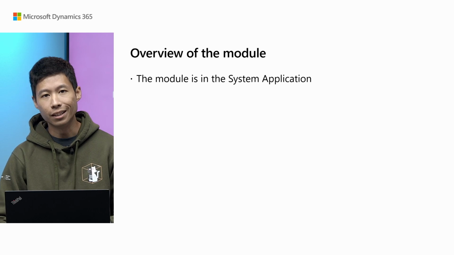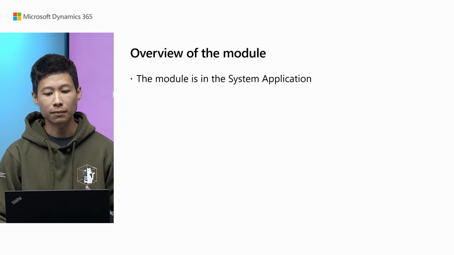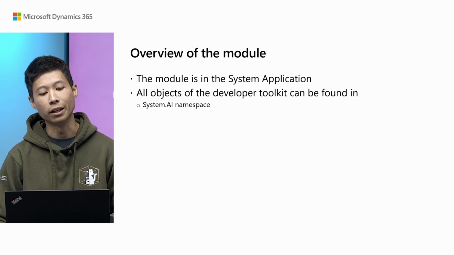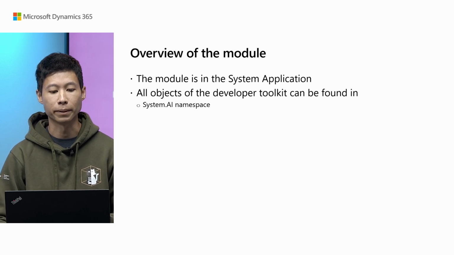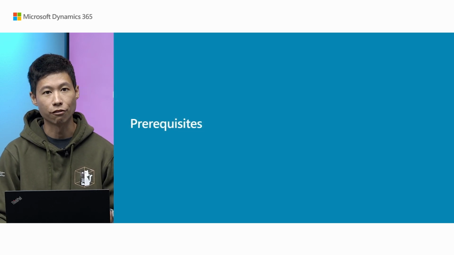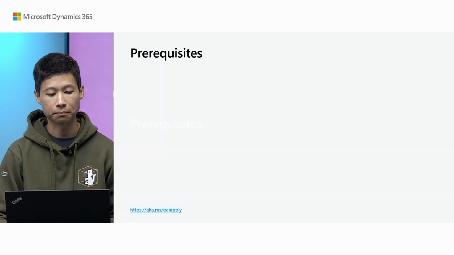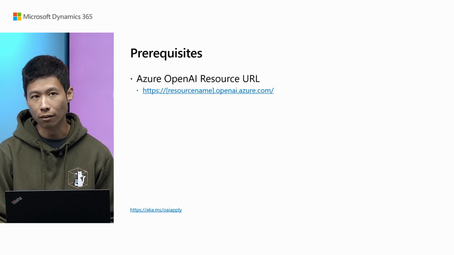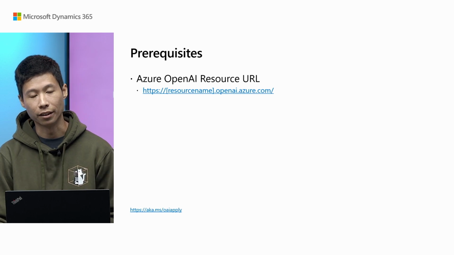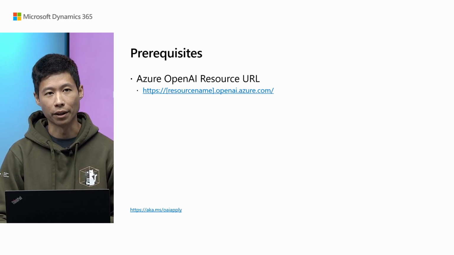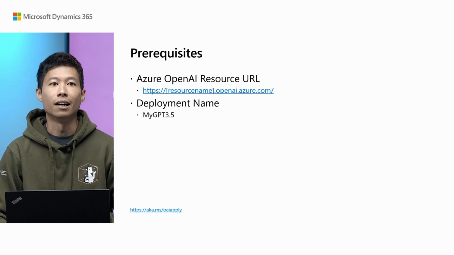The module is in the system application, and all the objects within this toolkit can be found within the System.AI namespace. So, coming to the prerequisites of using this module. You need your Azure OpenAI resource URL. This is an example of the URL where you replace resource name with what your resource is actually called.